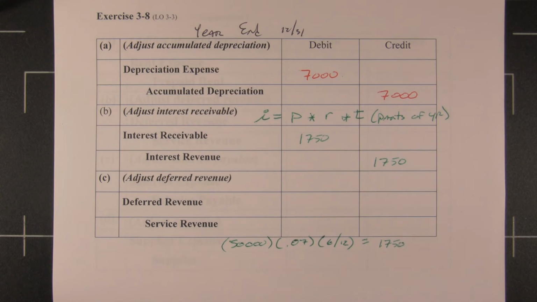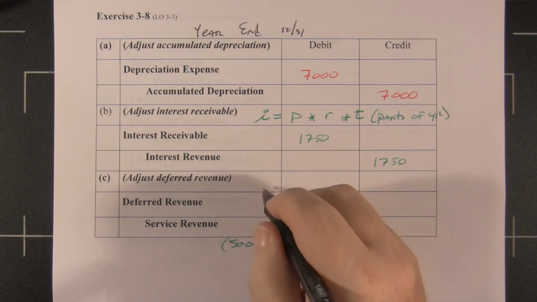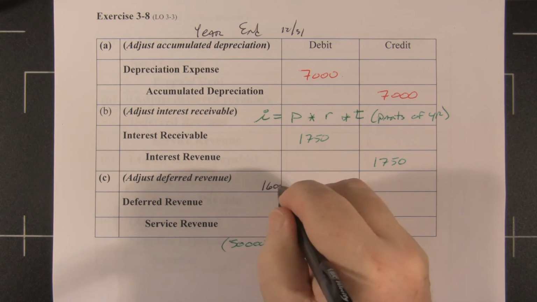The next one it asks us to do is deferred revenue, and this company received $16,000 from a customer for a 1-year insurance policy. Okay, so apparently we're an insurance company. So we received $16,000.